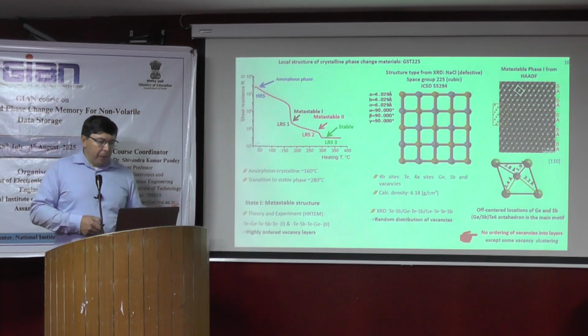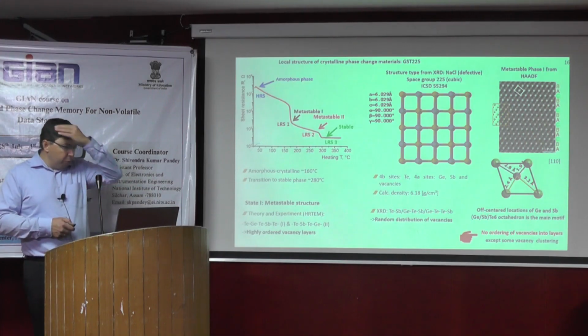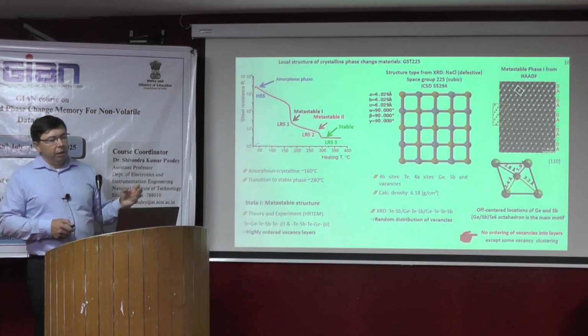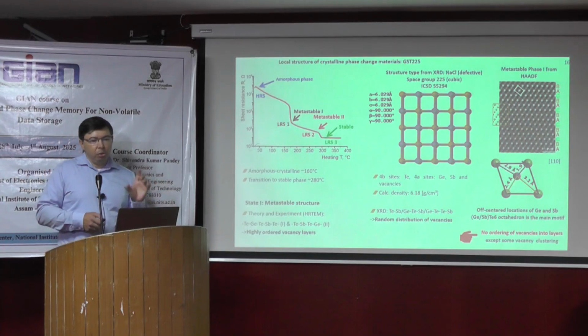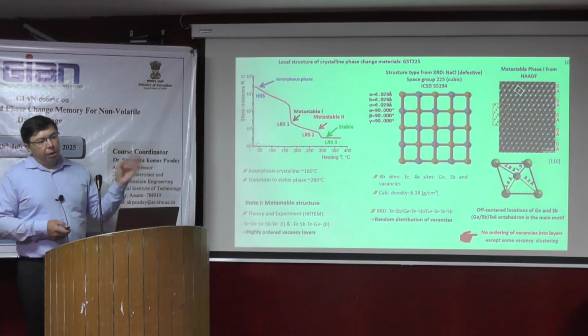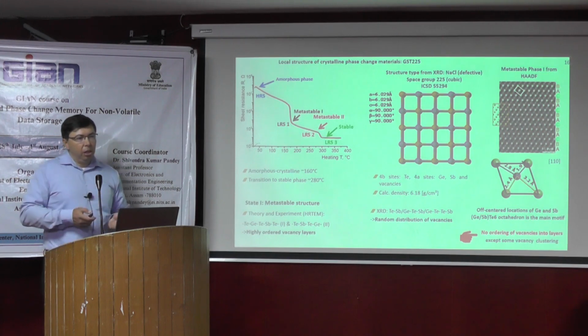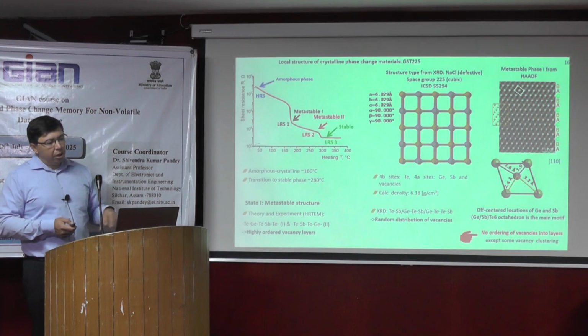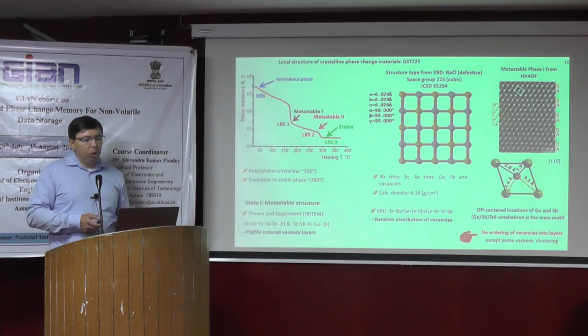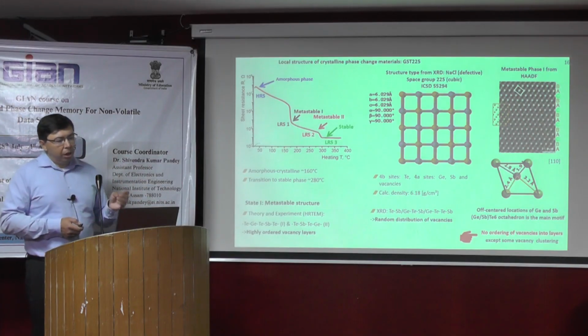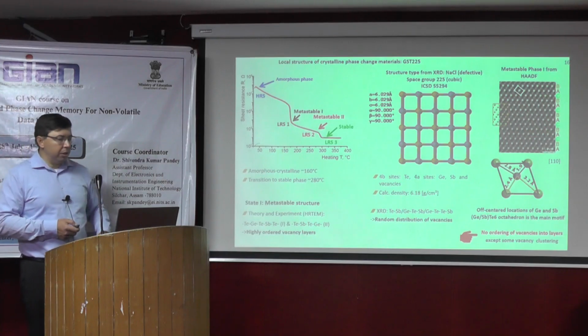The first results were produced by a group from Japan. They deposited films, then crystallized them, then scratched the whole film from the substrate, and deposited, crystallized, and scratched again, and so they got some amount of powder to start studying the crystal structure.